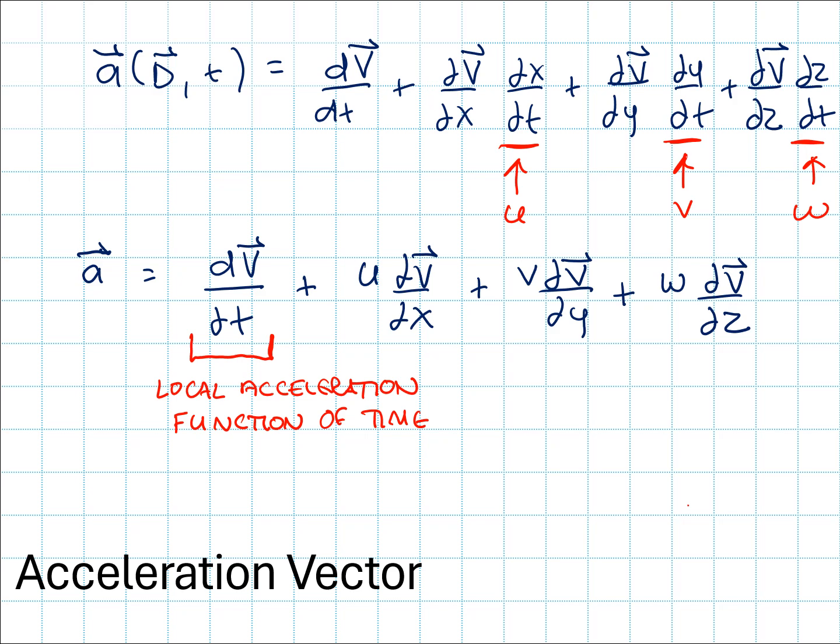But if we're working in a fluid, now every molecule or particle of that fluid can be moving in different directions at different speeds. And so we have to include a secondary piece to understand the acceleration of fluids, which is represented here. So these three terms together are known as the convective acceleration.